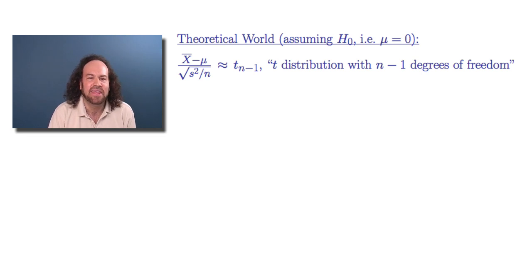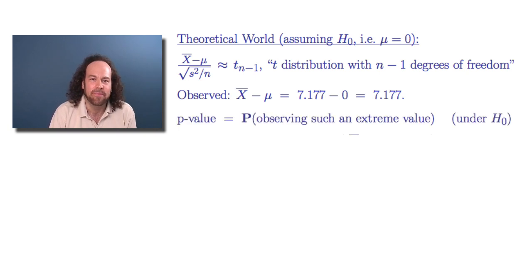Well, in the theoretical world under H0, where mu equals 0, what we've observed as x bar minus mu is just 7.177. So this means that the p-value should be the probability of observing such an extreme value under the null hypothesis.